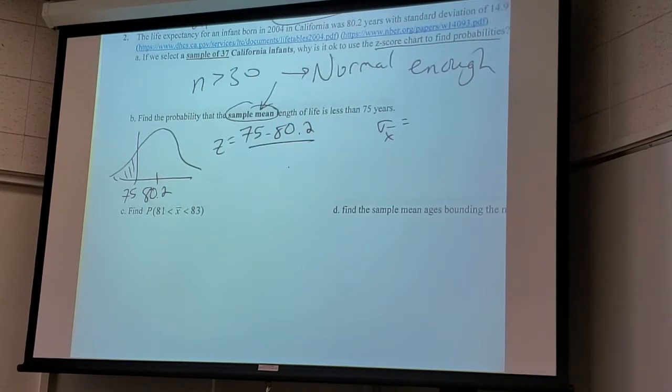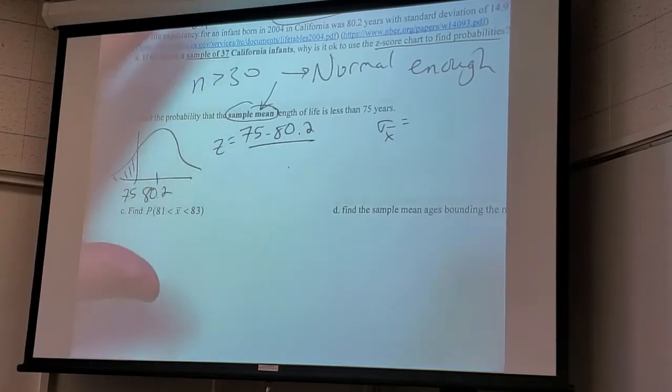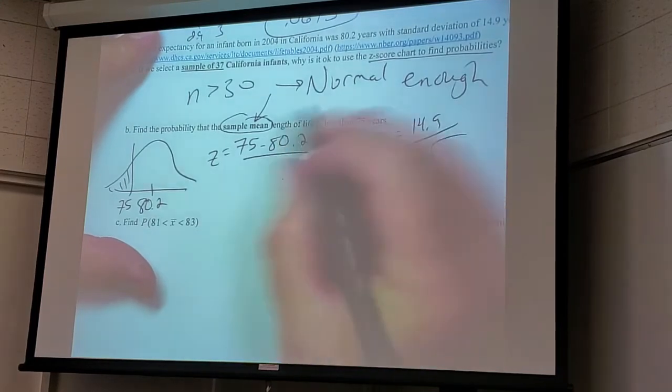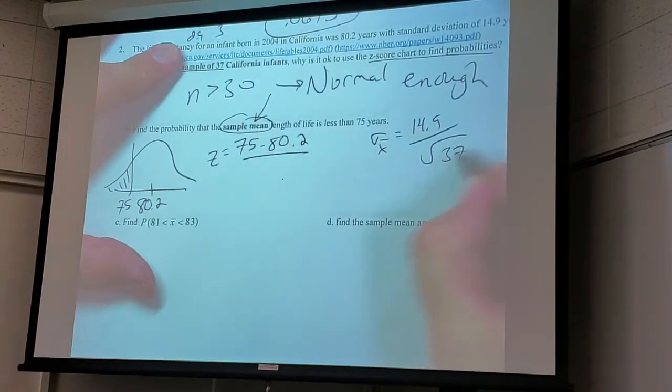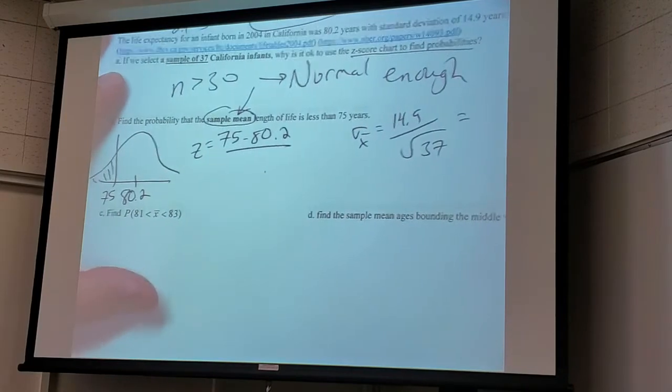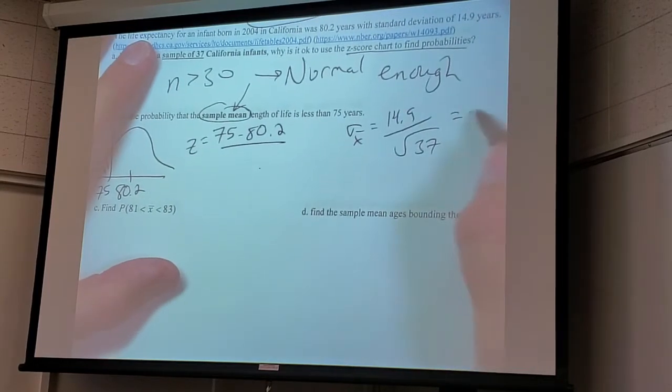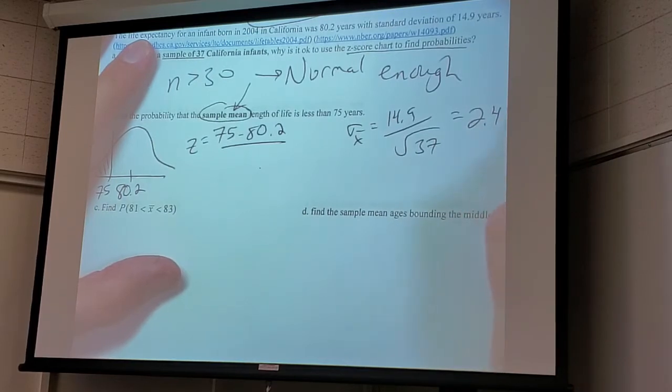So I need the new standard deviation, the one that works for groups. So I've got to take the old one, divided by square root of my sample size, 37. Sounds about right. 2.45, 0. Oh, it was 2.449.